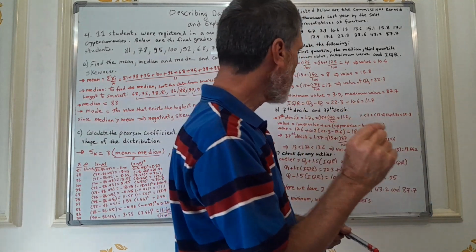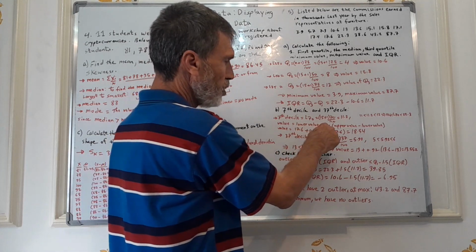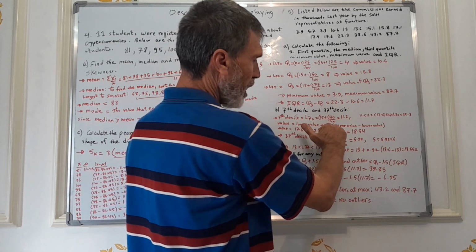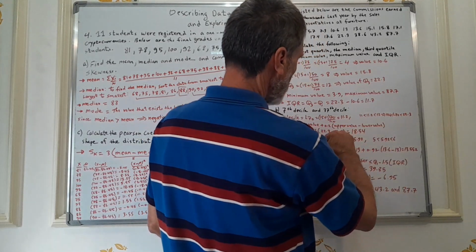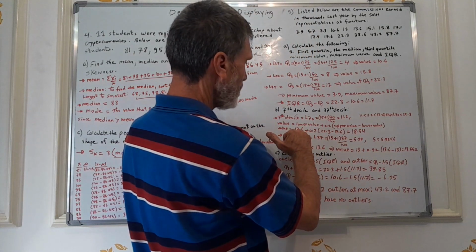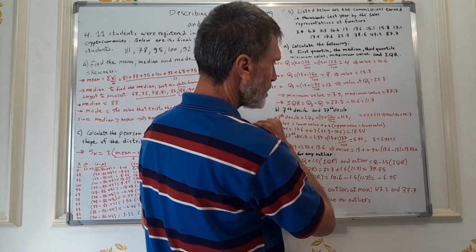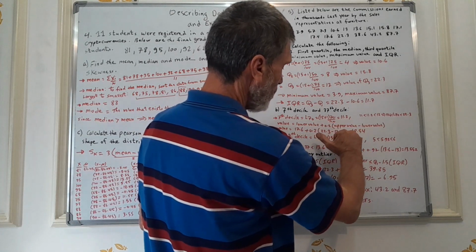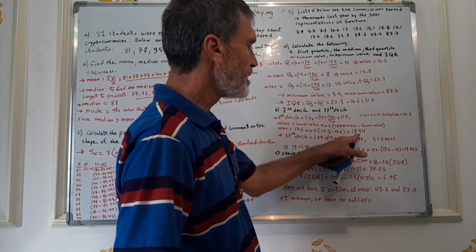To find the value, the 7th decile is going to be the lower value plus 0.2 times the upper value minus the lower value. The upper value is 22.3 and the lower value is 17.6. So 17.6 plus 0.2 times 22.3 minus 17.6. We just plug in the values, and we come up with 18.54. And this is the value of the 7th decile.